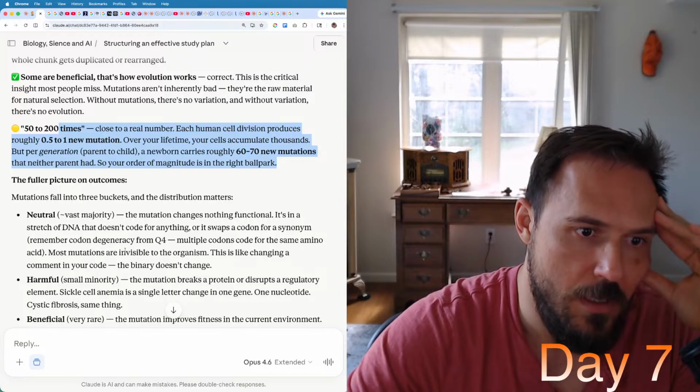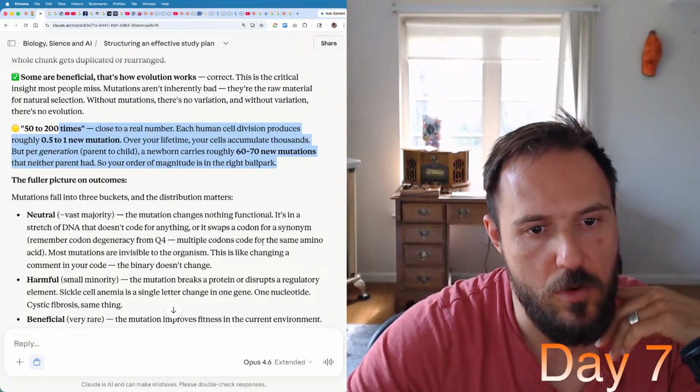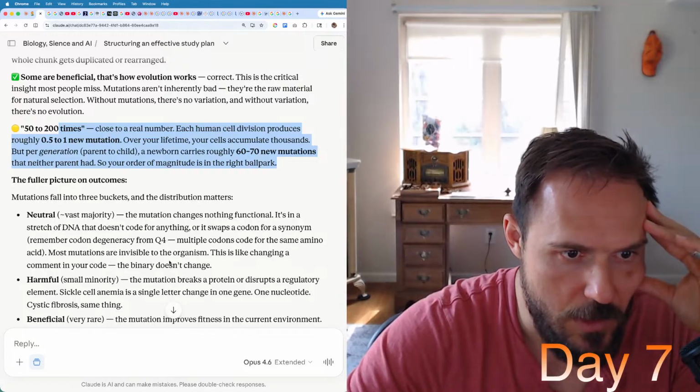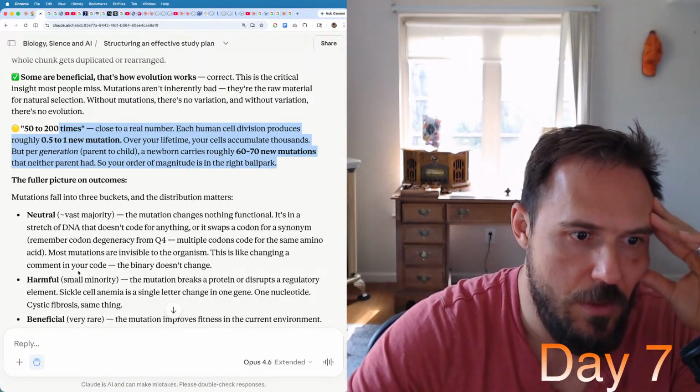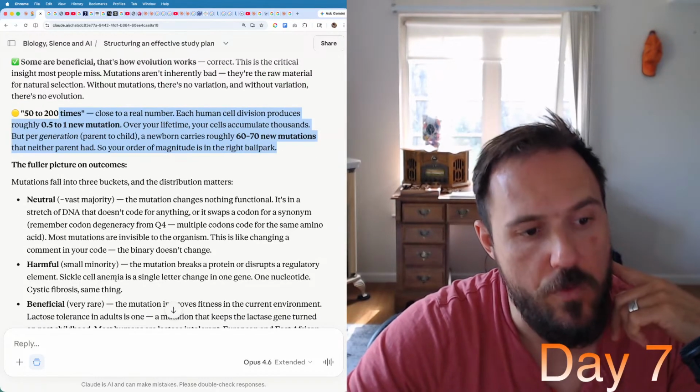Remember codon degeneracy from Q4? Yes. Multiple codons code for the same amino acid. Most mutations are invisible to the organism. This is like changing a comment in your code. The binary doesn't change.